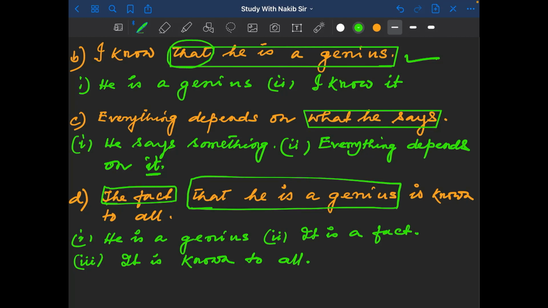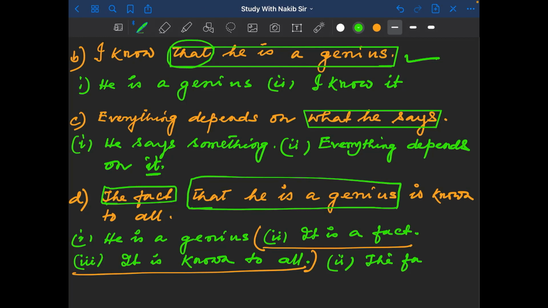Instead of writing these two sentences, you may write only one sentence, that is number 2, the fact or this fact is known to all.